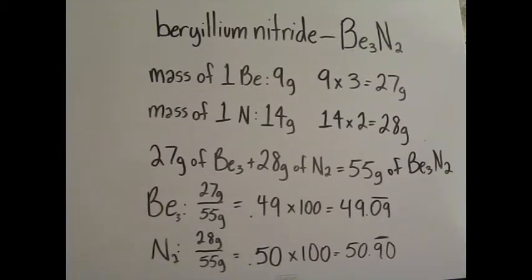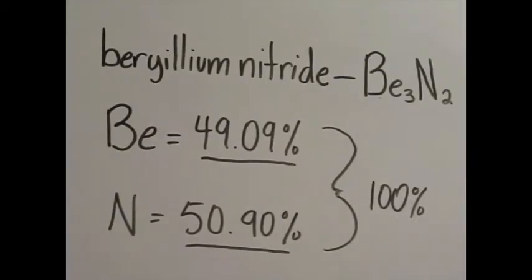Multiply that by 100 and you get 50.90. So for beryllium nitride, there is 49.09% of beryllium and 50.90% of nitrogen, which if you add 49.09 and 50.90 equal 100%. Do this for all of your answers to make sure that your percents add up to 100. That means your answers are correct.